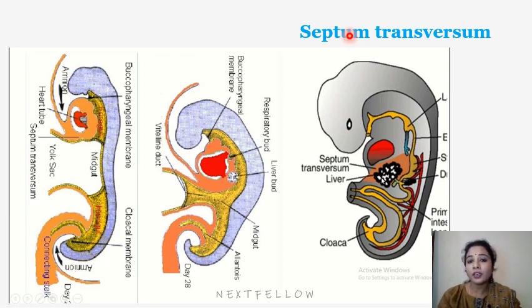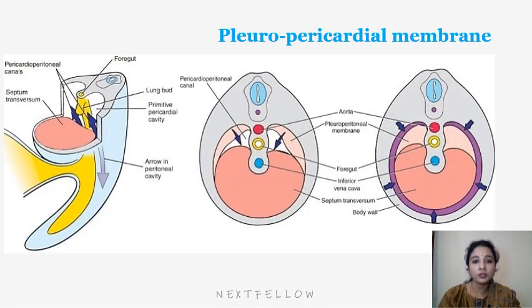Along the lateral wall of the pleuro-pericardial canal, a pair of superior and a pair of inferior membranous ridges appear, and because of the growth of the lung buds, the inferior ridges are the pleuro-peritoneal folds located below the developing lungs. So this is how the cavities form and the septum transversum forms.